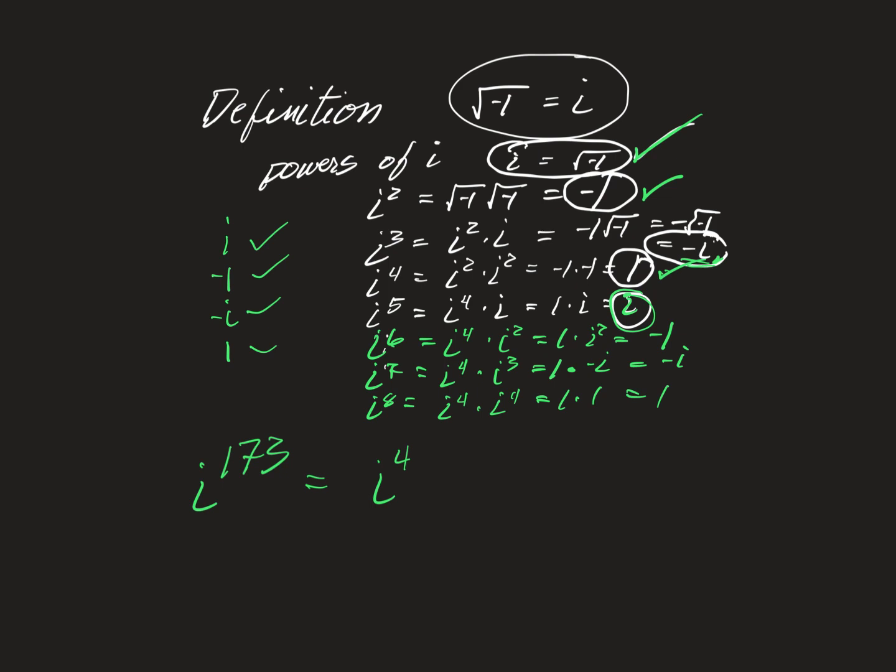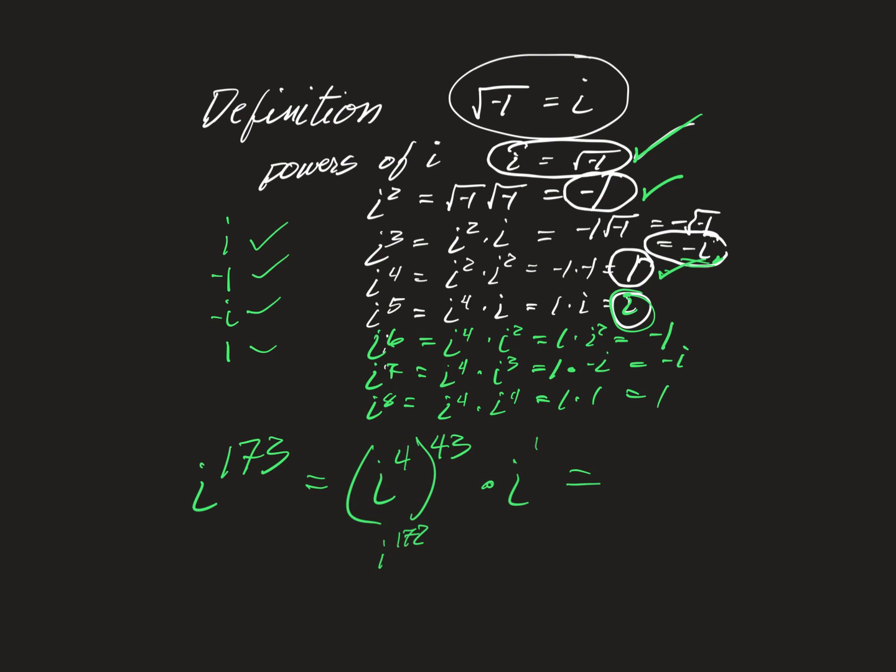So 173 divided by 4 is equal to 43 1/4 times. So this is i to the 4th to the 43rd power, which is i to the 172, by the way. But that means we have an i left over, or an i to the 1st, if you wish.